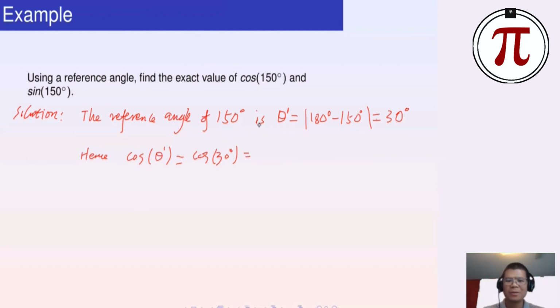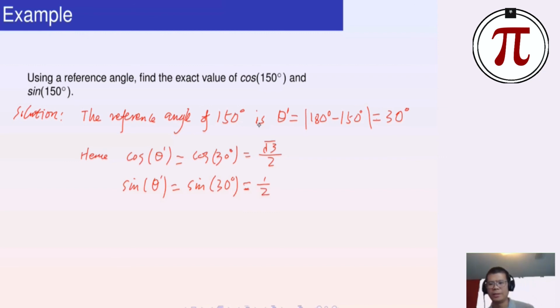It equals square root of 3 over 2. Yes, very good. And the sine is what? Sine 30 is 1/2.